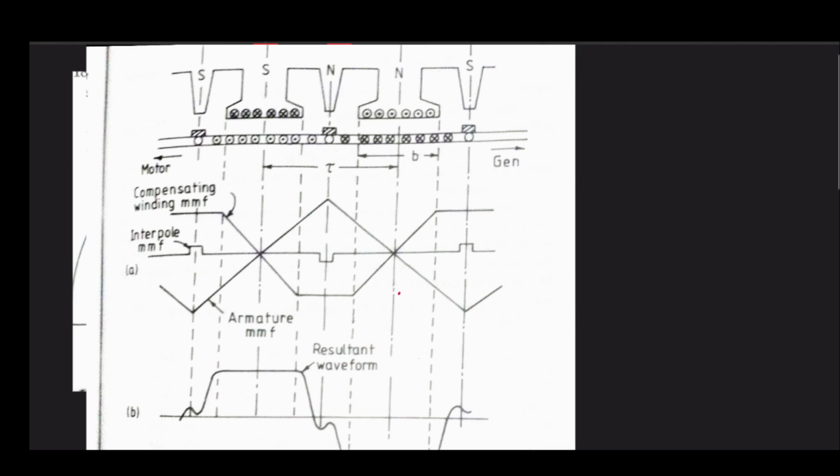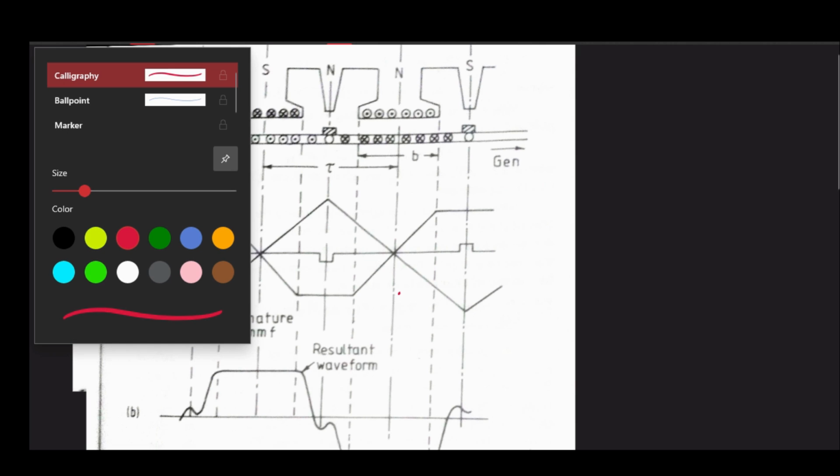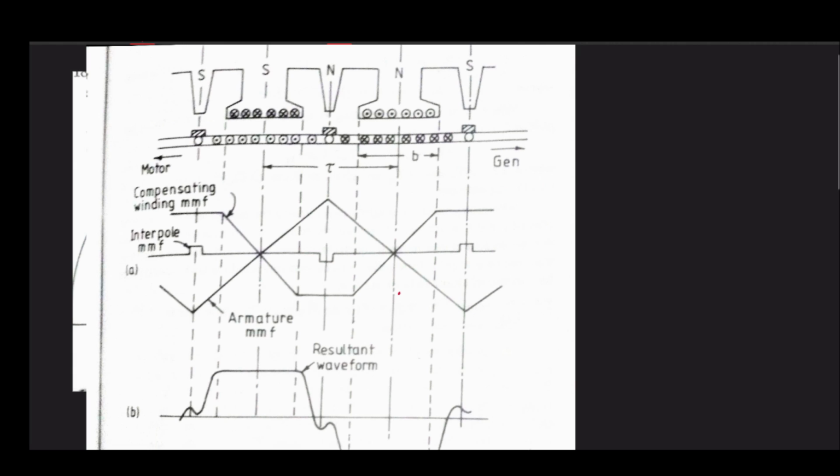We can also write the mathematics for the compensating winding. Compensating winding should be how much? Here AT_a is the armature MMF per pole, so that will be how much?